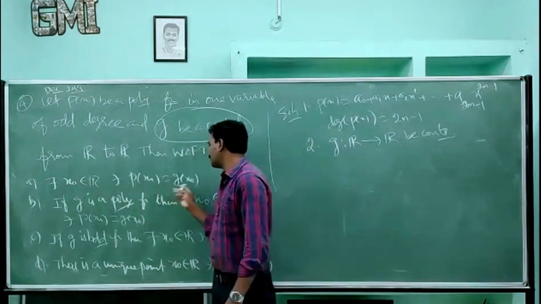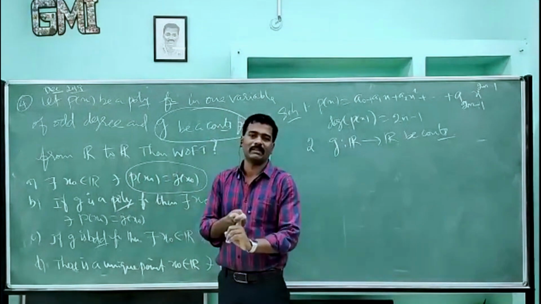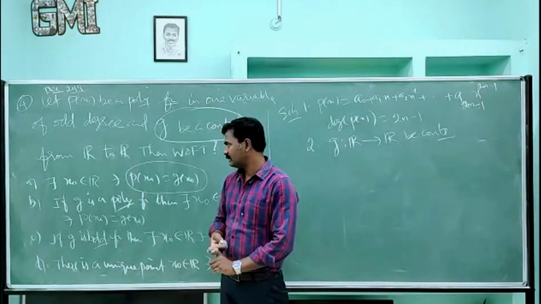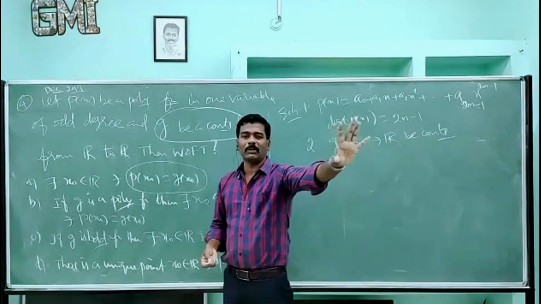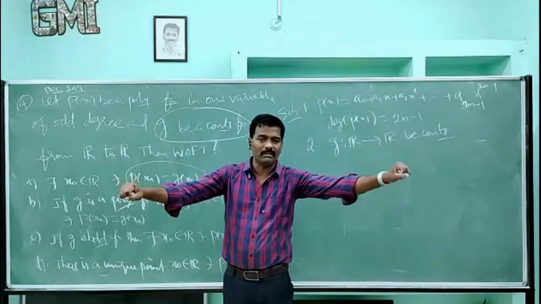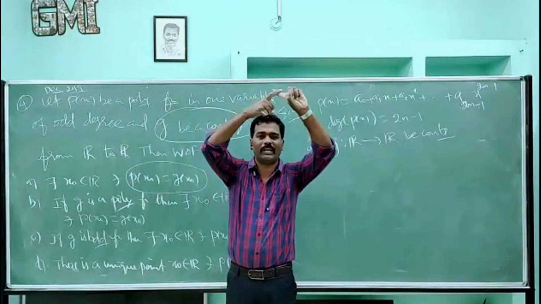Given any odd degree polynomial P of x and any continuous function G, they always have to meet somewhere.